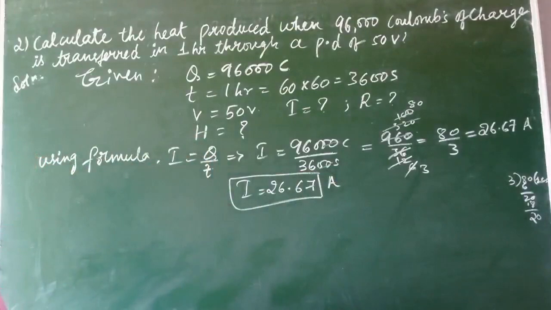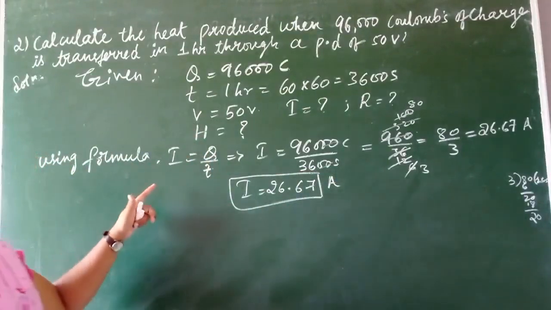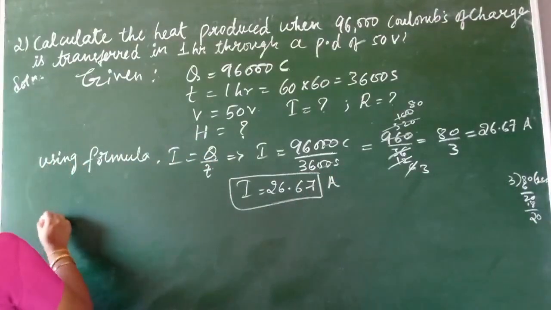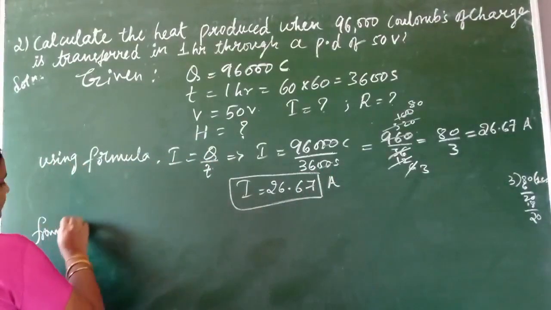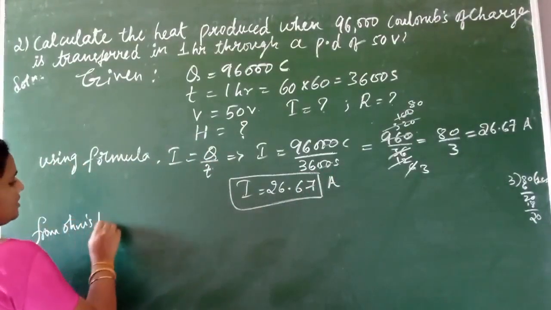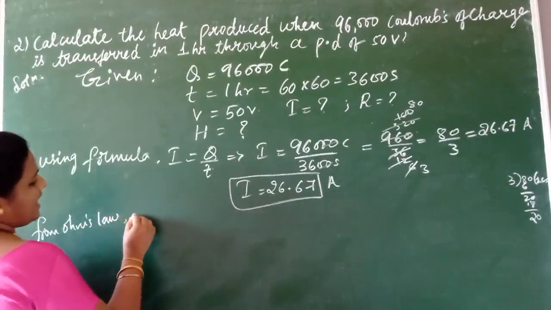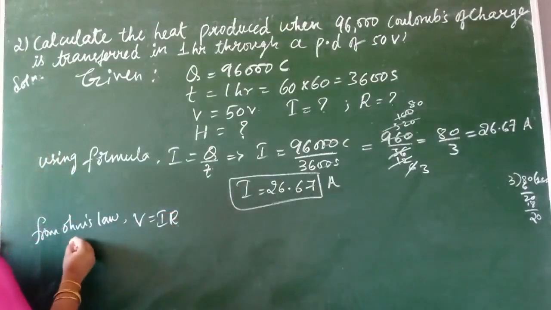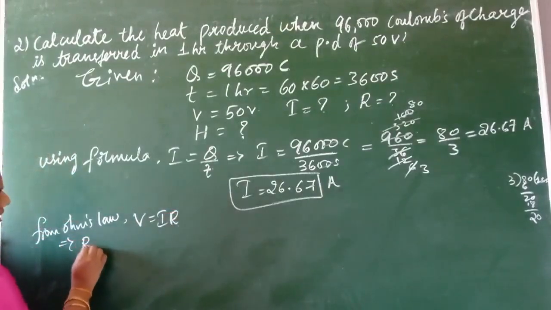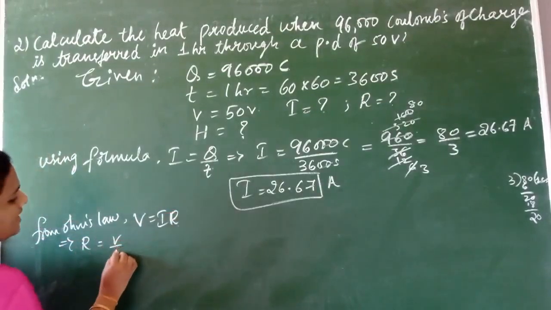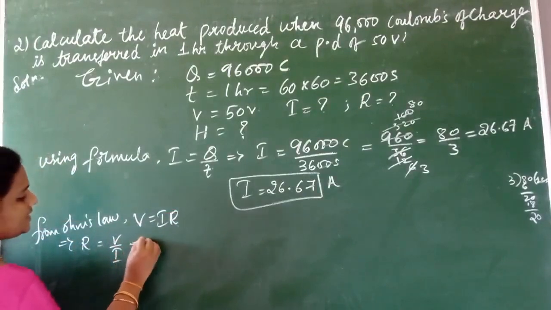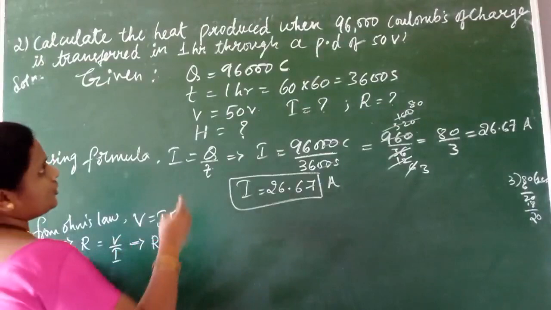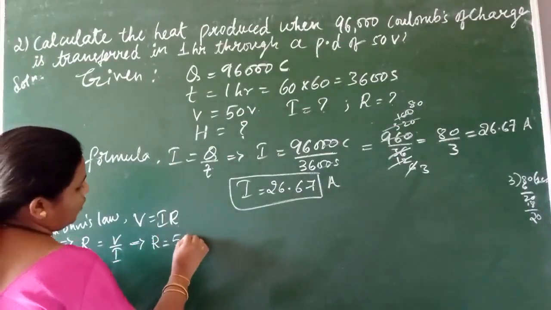Now we use this I in Ohm's formula, that is V is equals to I into R. From Ohm's law we have V is equals to I into R. We want R here, no children. So rearrange that formula: R is equals to V by I. What is the V value, children? 50 volts.